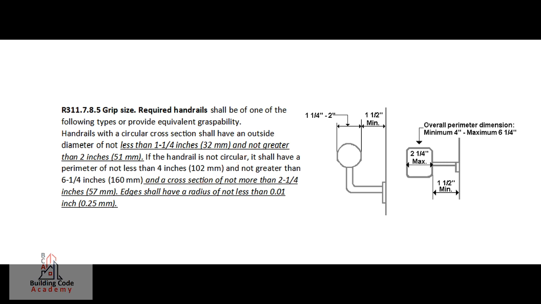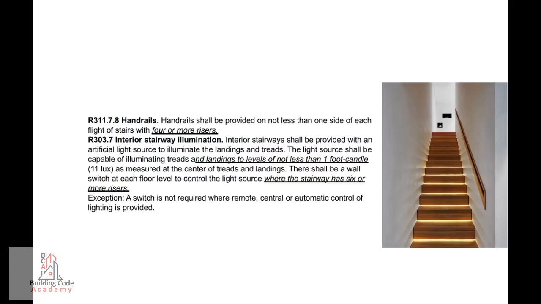If the handrail is not circular, it shall have a perimeter of not less than 4 inches, 102 millimeters, and not greater than 6¼ inches, 160 millimeters, and a cross-section of not more than 2¼ inches, 57 millimeters. Edges shall have a radius of not less than 0.01 inch, 0.25 millimeters.